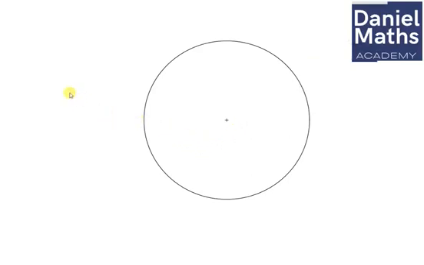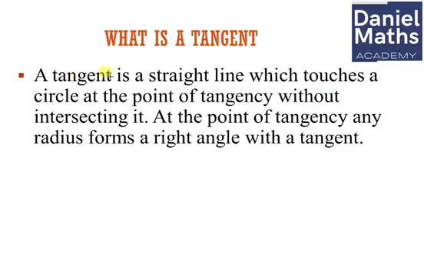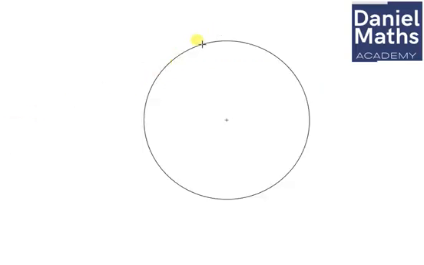Now having done this, we can go ahead to define what we mean by a tangent. A tangent is a straight line which touches the circle at the point of tangency. So at the point of tangency, we're looking at drawing something similar to this.